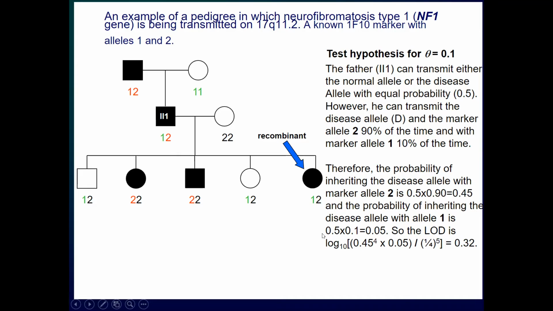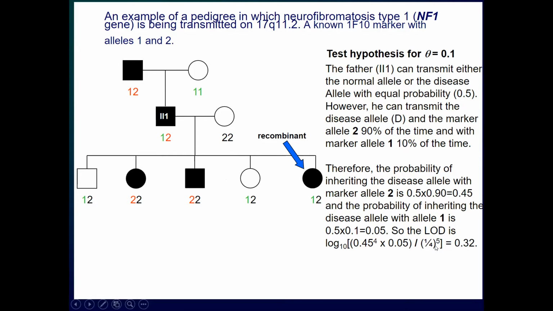So that will be 0.5, the recombinant chromosome or the other haplotype, 50% chance. But theta is telling us that this will happen 10% of the time. So that is 0.05, and it's multiplied with the outcome that we've mentioned earlier on for the 4 non-recombinants.